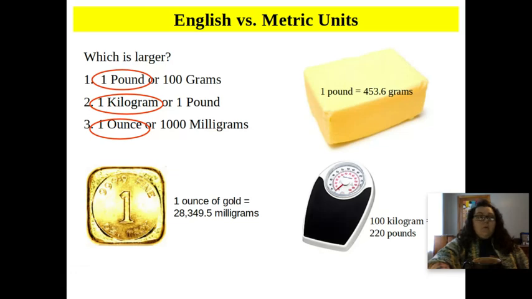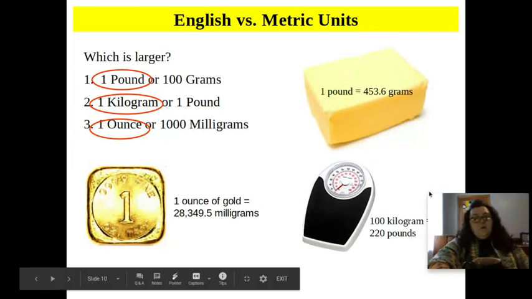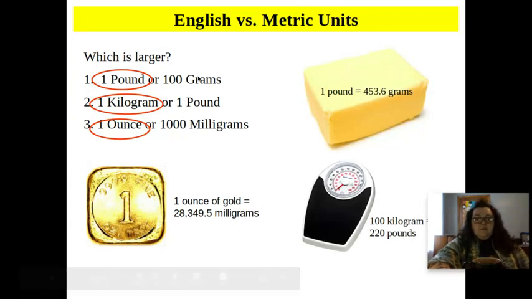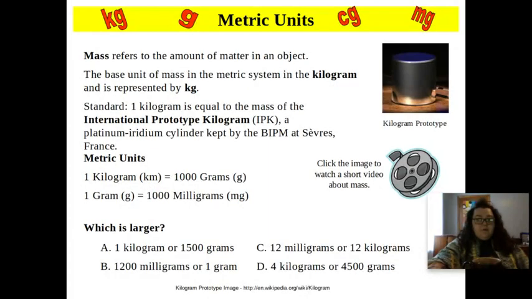So we could say that that person weighs 220 pounds here, but across the Atlantic Ocean, they use metric, so they're going to say, oh, they're 100 kilograms. So again, it's not a 1-to-1 ratio. Here, the pound is bigger than a gram, and so on. So the same little game we played earlier.